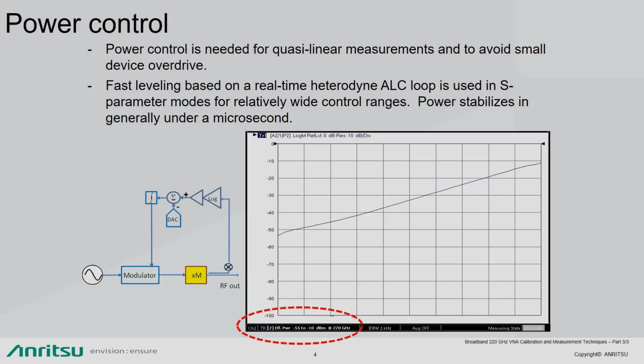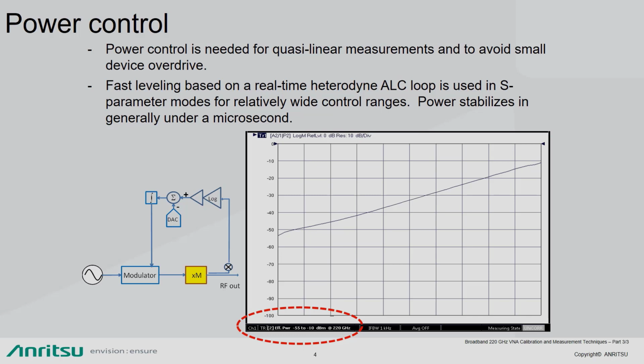As mentioned, good power control is an important enabler to ensure the power applied to the device is operating well within the linear range of the device and for situations where we want to drive that device into compression.